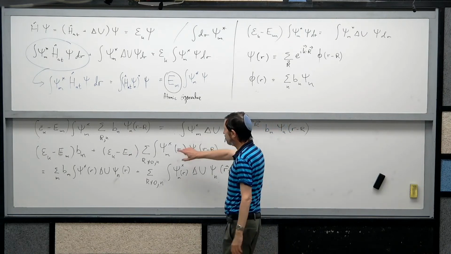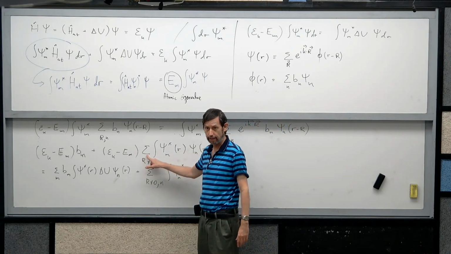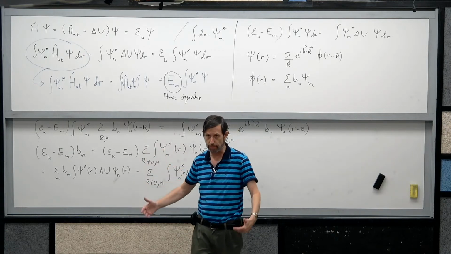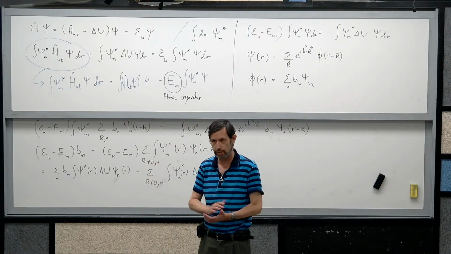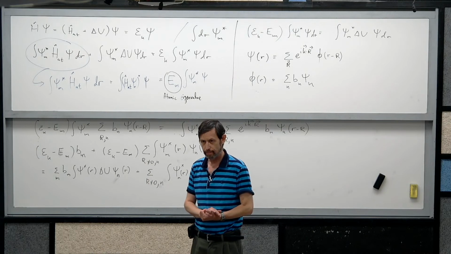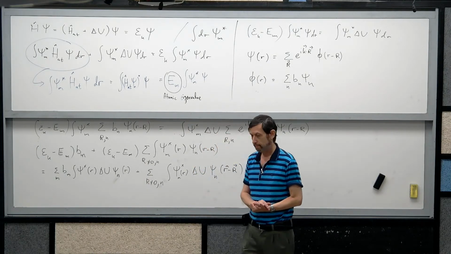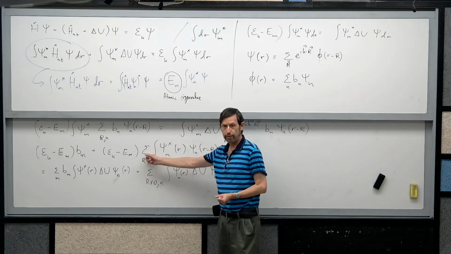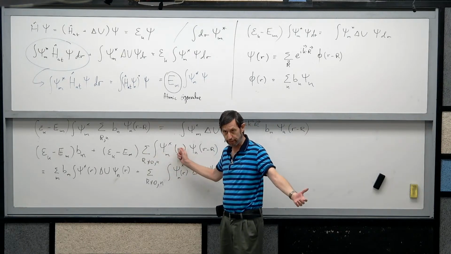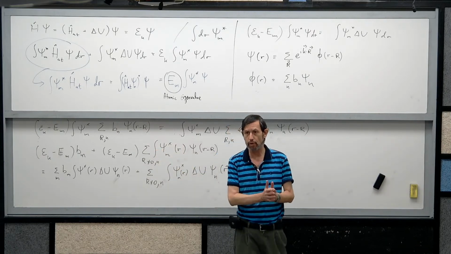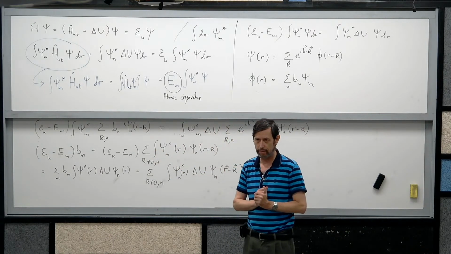So I won't retain here all the r's. I'll keep it to a finite number of r's, usually just nearest neighbors. Okay, so instead of summation here on an infinite number, I'll have a summation on a very small number of close-by atoms.